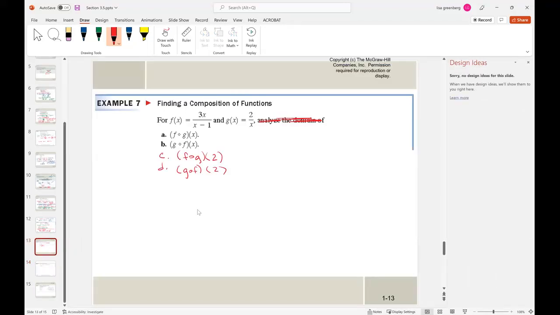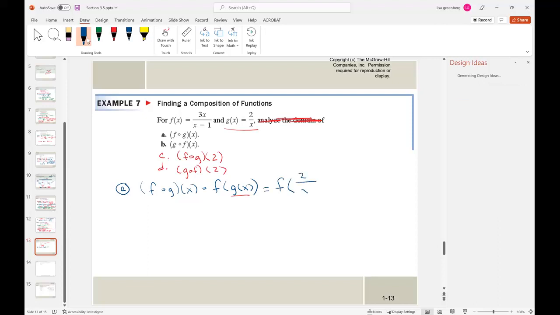All right. So the first thing I want to do is I want to do A. Okay. And A has an X. So this becomes F composed with G of X is equal to F of G of X. Okay. So now the first thing I do is I plug in my G of X. So this is equal to F of 2 over X squared, right?